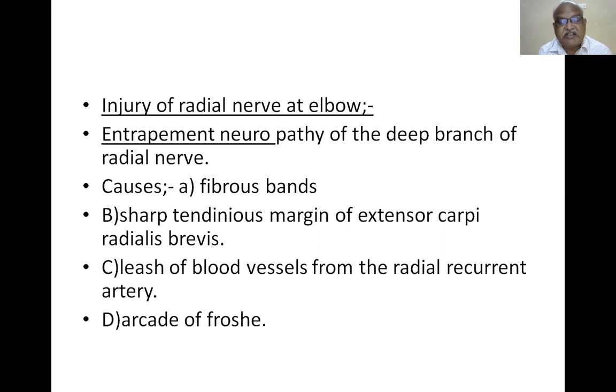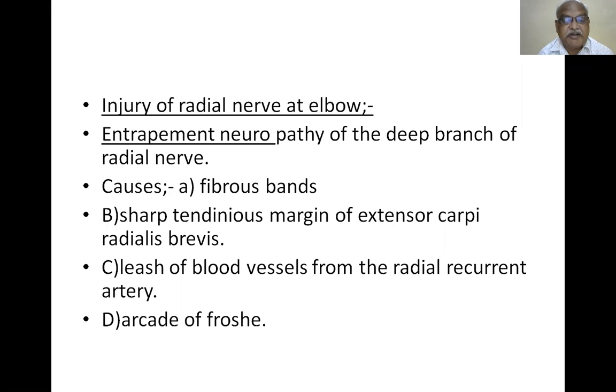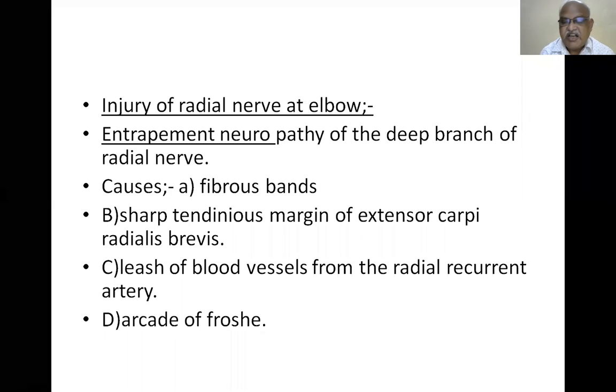So here the deep branch of the radial nerve is compressed between fibrous bands and the sharp tendinous margin of the extensor carpi radialis brevis. Leaks of blood vessels from the radial recurrent artery can also compress the radial nerve at the elbow, and an arcade of fasciae can also cause radial nerve injury at the elbow.